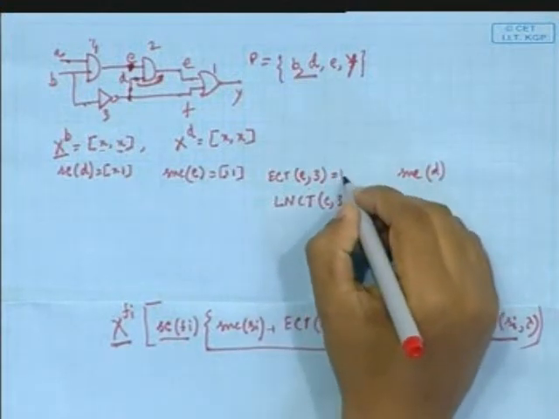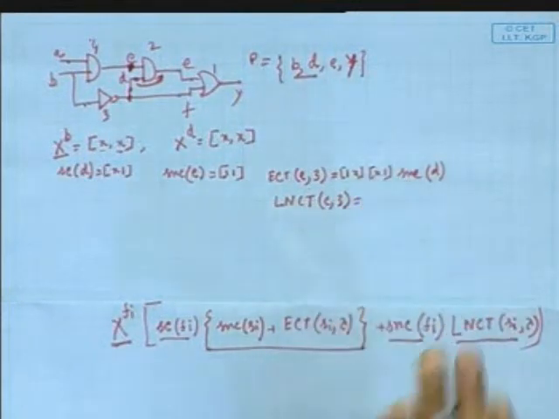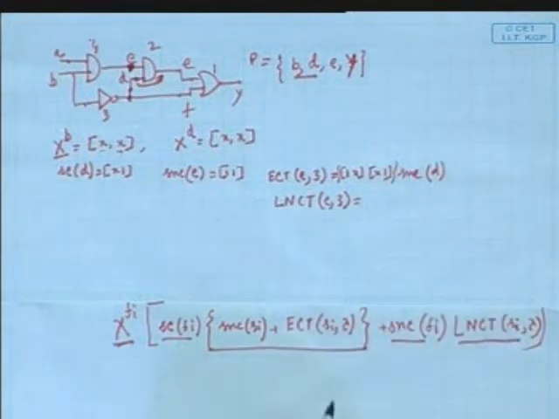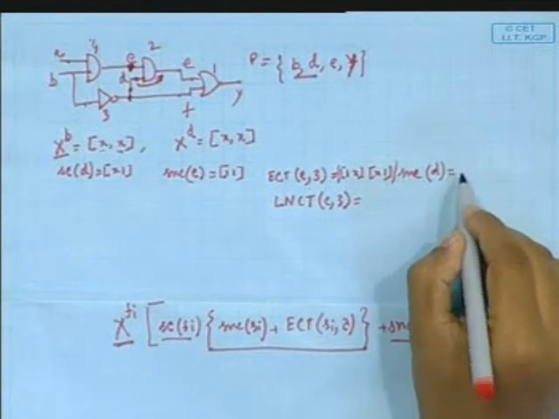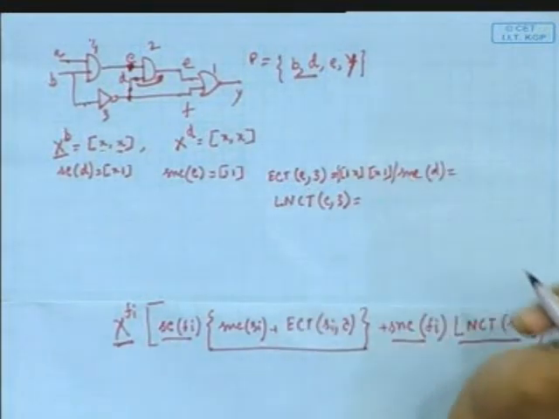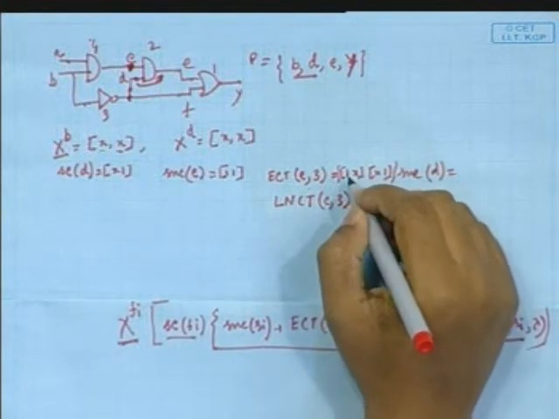I'm writing 1x and x1, because this actually combines 3 input vectors: 10, 11 and 01.